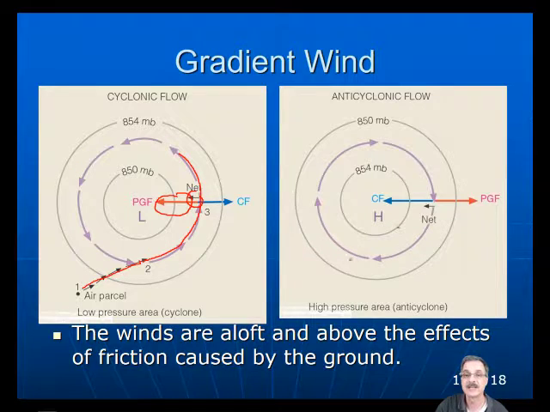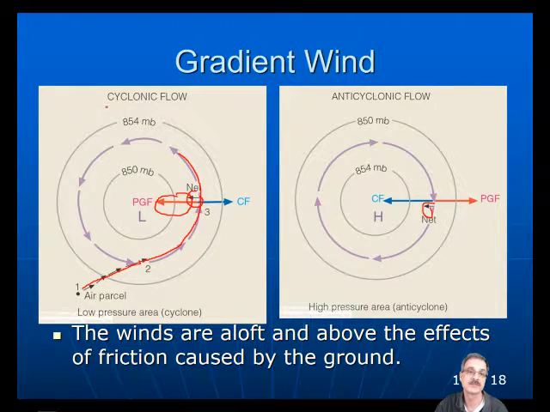Then if you do the same thing with a high pressure system, the net force also points inward to get it to circle around clockwise, and this creates winds going clockwise around a high pressure system.